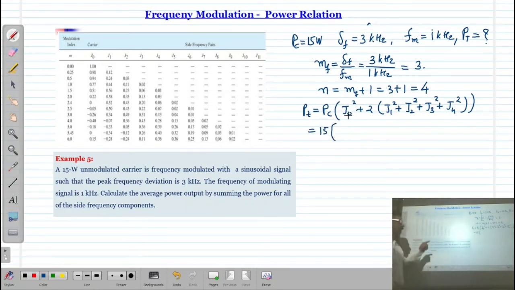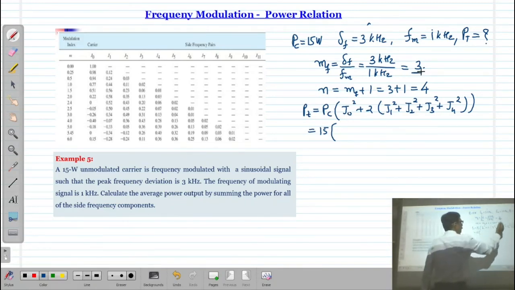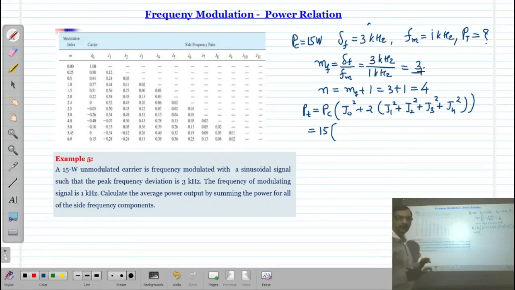Remember, my modulation index is 3, so I have to look from the table to find the amplitude of the carrier wave for mf equal to 3. These are the values we have to consider for the calculation. You can see that the carrier amplitude is minus 0.26.